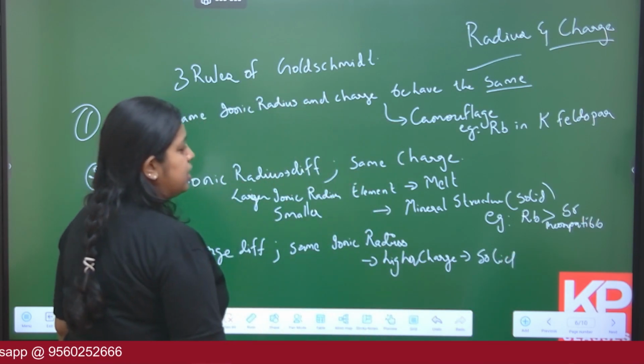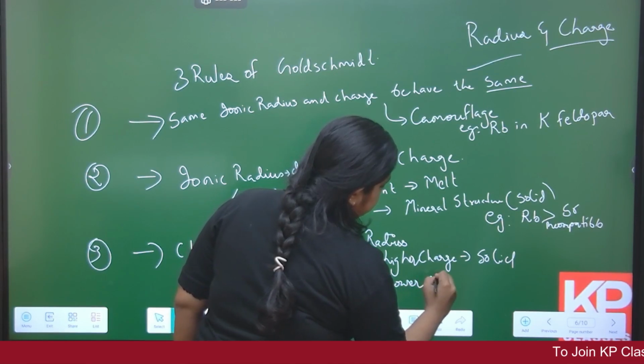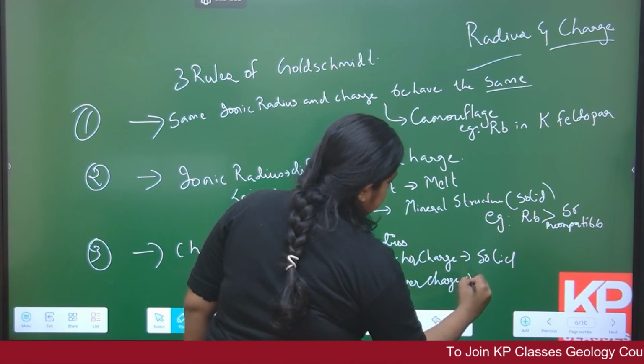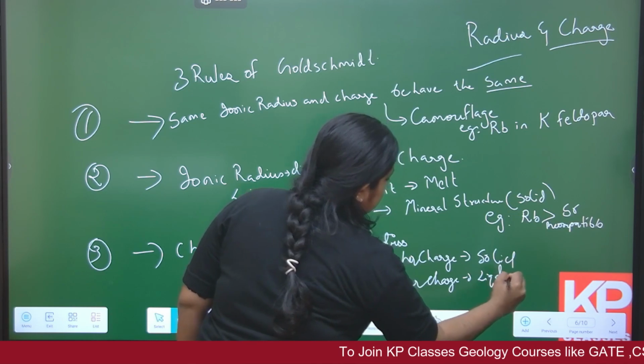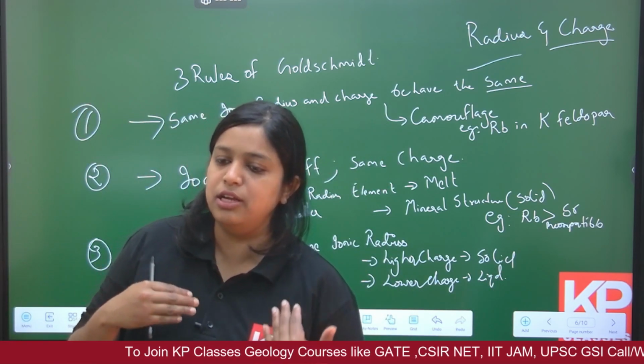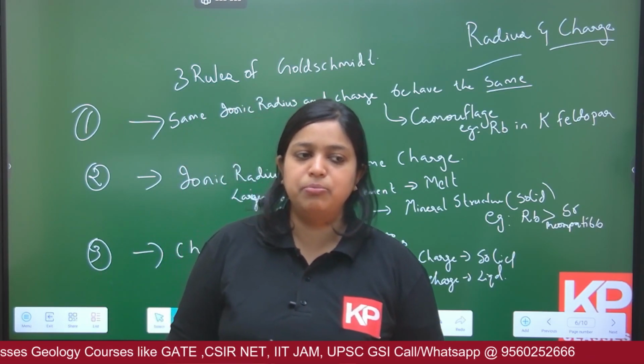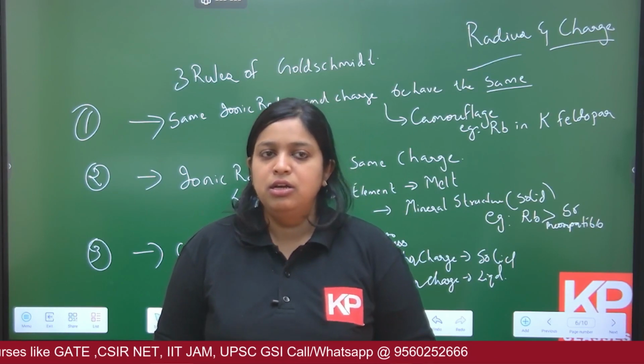Higher charge will get into the solid, lower charge will get into the liquid. Okay, so these are the three rules defining the trace element affinities towards a liquid state and the solid state.